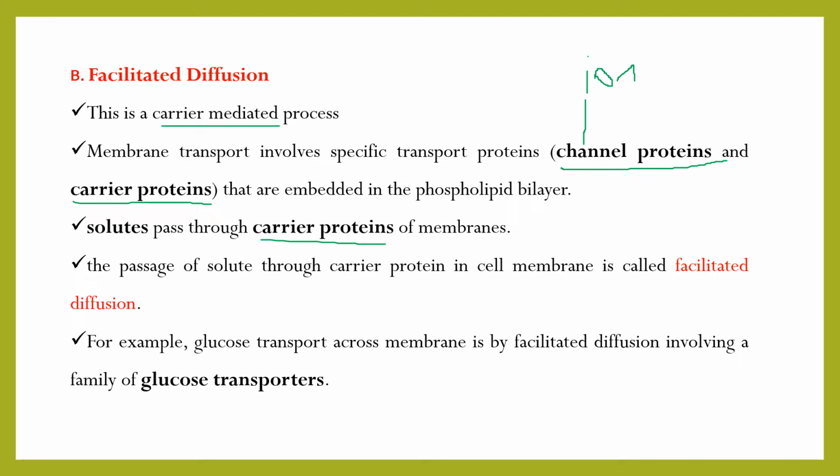The passage of solids through carrier proteins in a cell membrane is known as facilitative diffusion. For example, glucose transport across the membrane is facilitative diffusion, which involves a family of proteins known as glucose transporters. These are carrier membrane proteins that carry glucose to pass through the cell membrane.